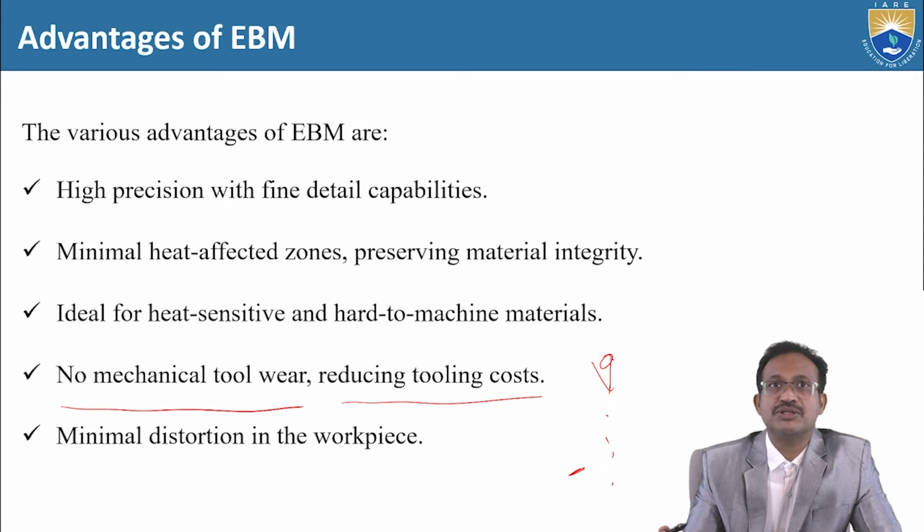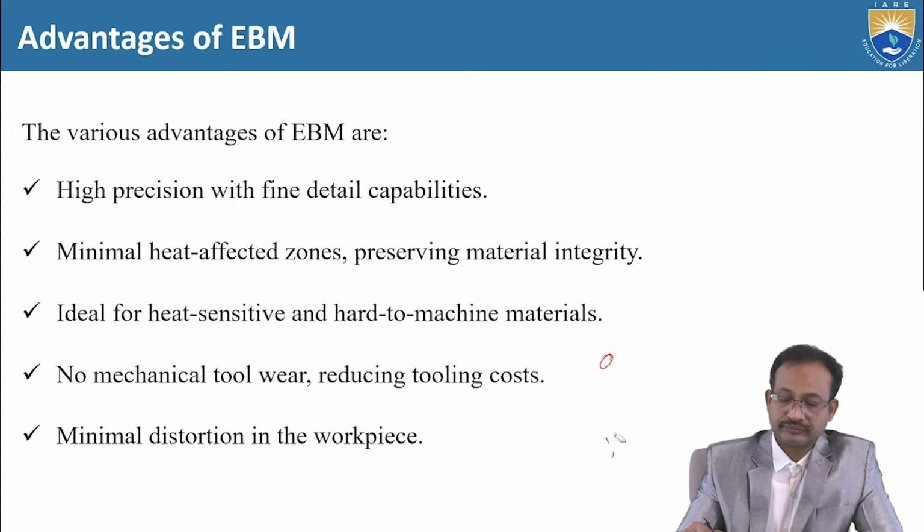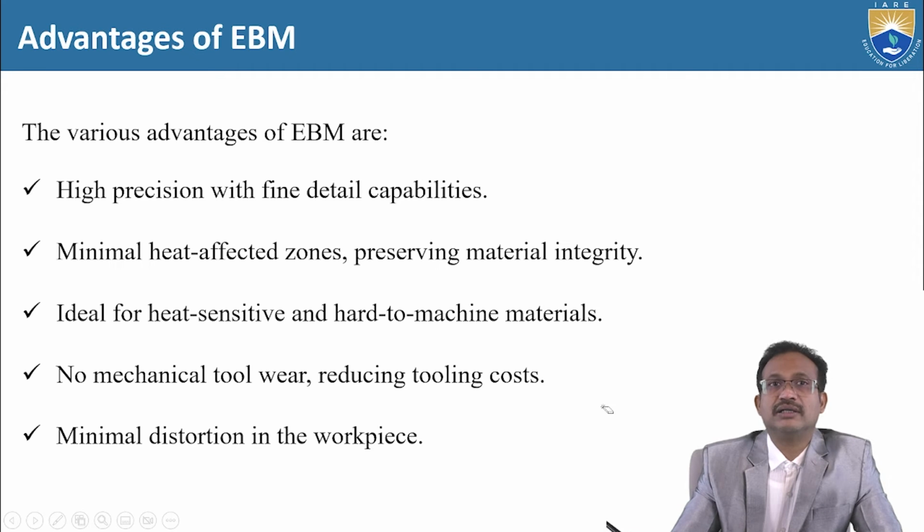So there is no question of tool wear, and that's why we can say there is no cost for the tool material. We need not replace any tools as long as the electron beam functions well, and the performance will be good.